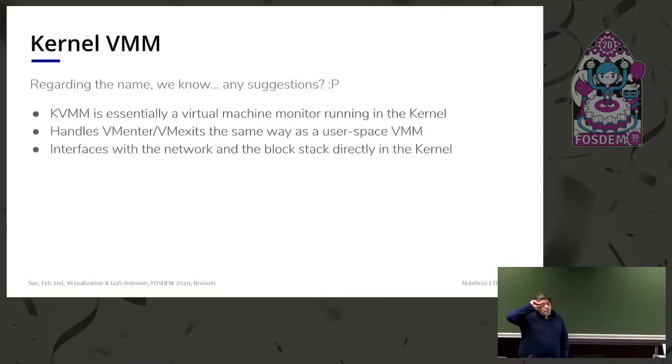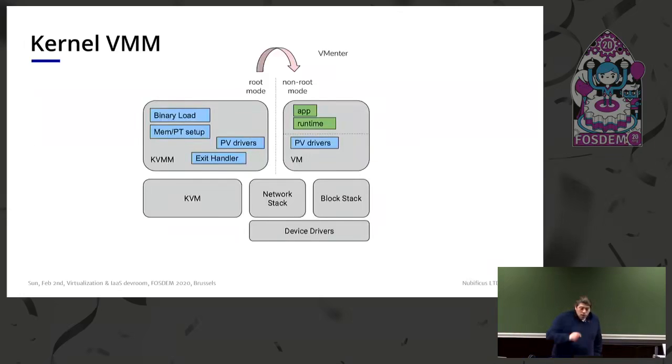So KVMM is actually a VMM running in the Linux kernel. It handles VM enters and VM exits just the same way as QEMU or Solo5 HVT. And it interfaces with network and block stack directly in the kernel. So this is an equivalent figure of how a VM is running.